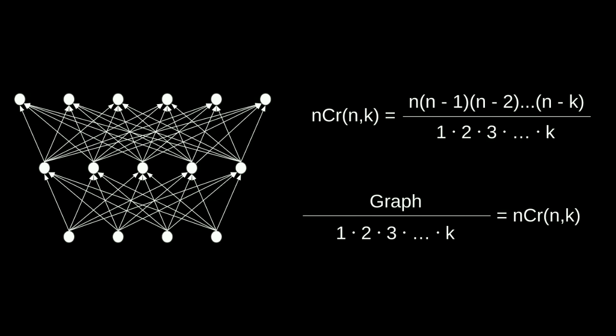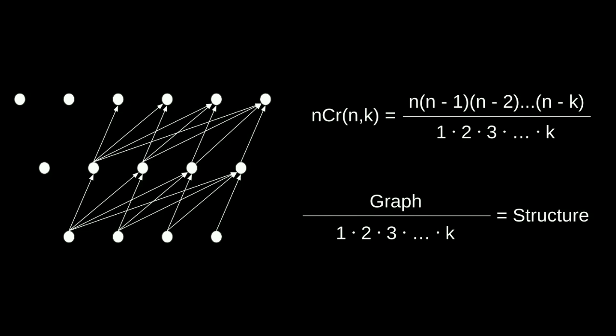Multiplying the amount of nodes in each layer with each other describes all possible paths that there are. Then, the denominator divides the graph in such a way that it results in the structure. We can observe that the denominator is the same no matter the length of the graph, since it holds no n.